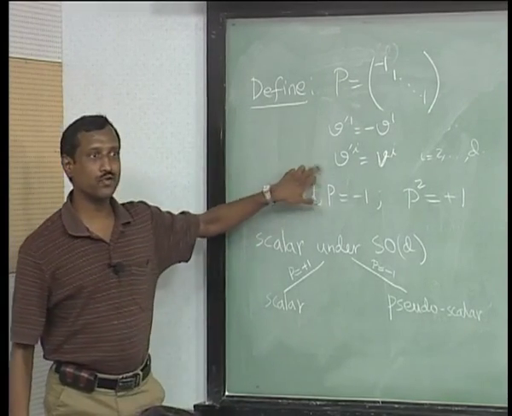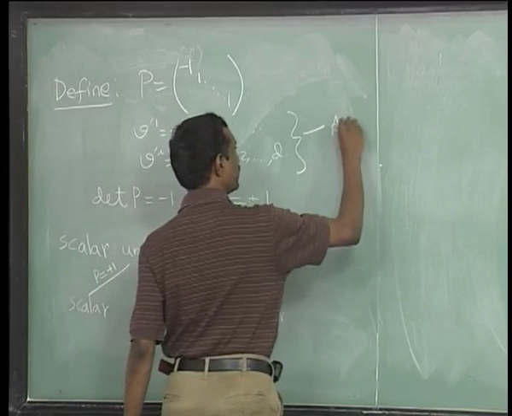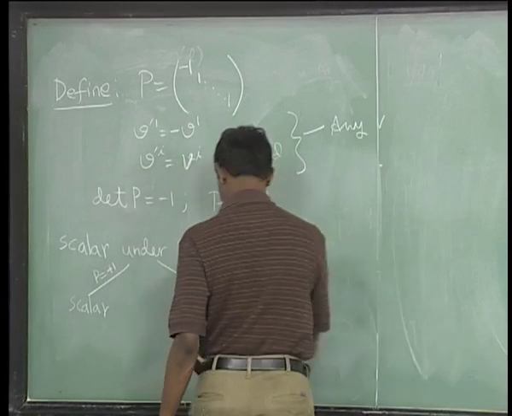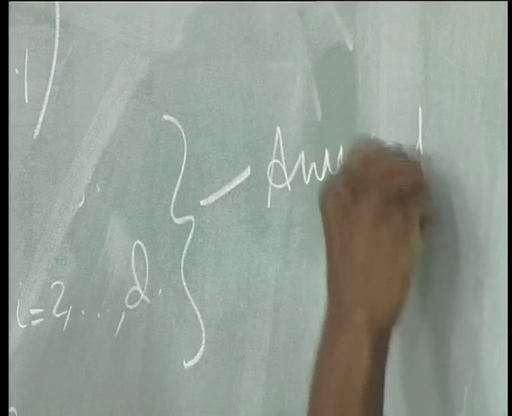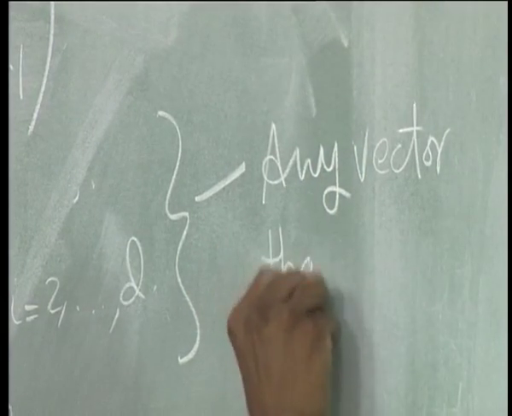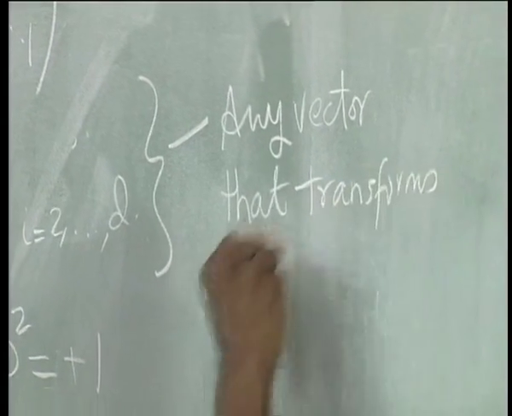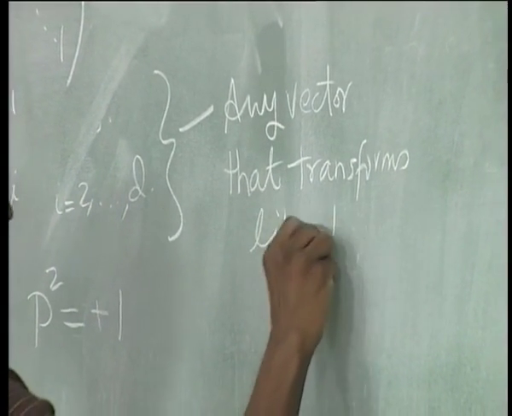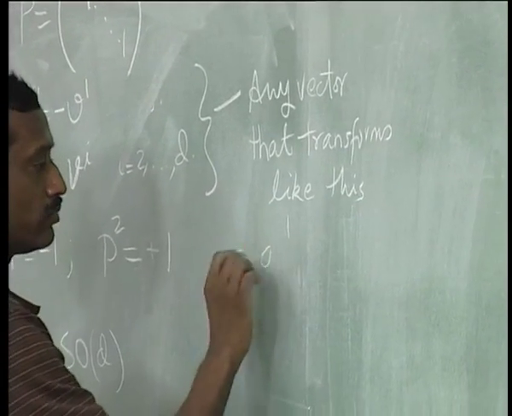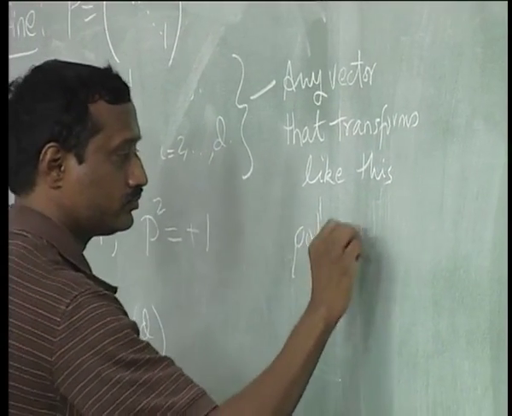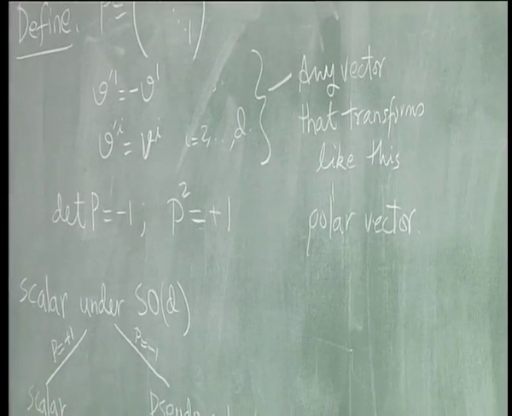And anything which transforms like this, so any vector, we will call it a polar vector. Okay.